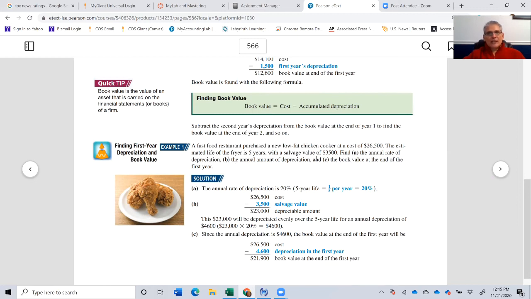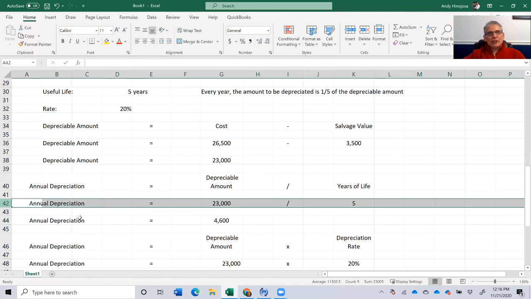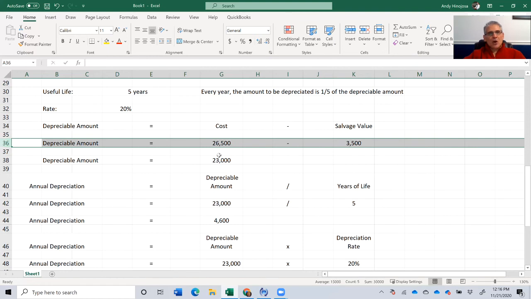The second question asks the amount of depreciation. Well, first of all, let's go back. The annual depreciation, the way we learned before, is we take the depreciable amount divided by the useful life. We had to come up with the depreciable amount, which is computed by taking the cost, $26,500, and subtracting the salvage value.